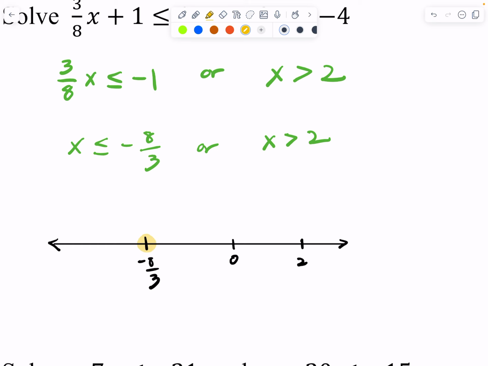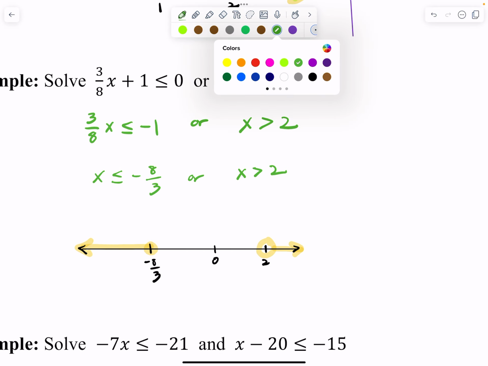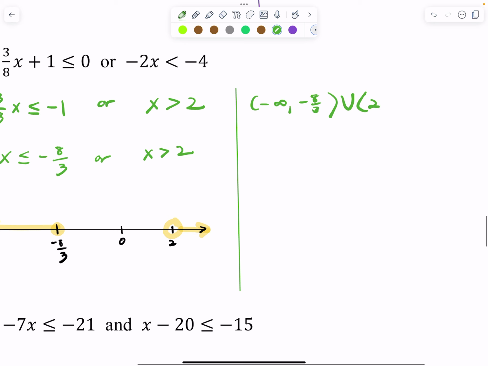So x less than or equal to -8/3 would be that interval, and then x greater than 2 would be that interval. So now in interval notation, you can think about referencing your number line. So -infinity to -8/3 union 2 to infinity.